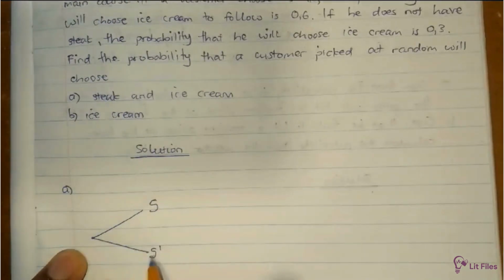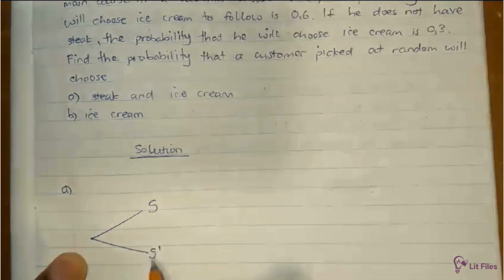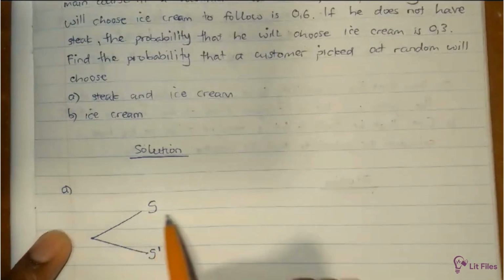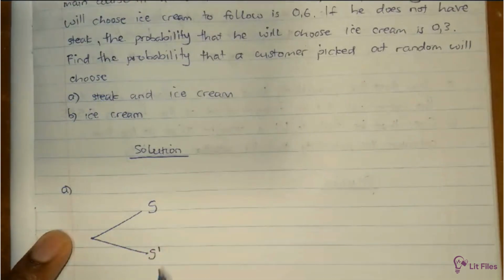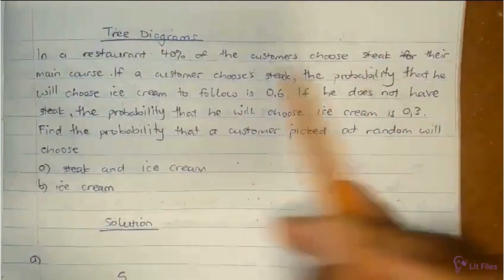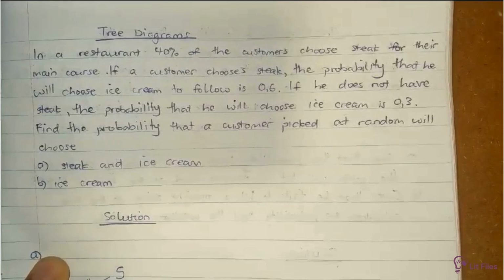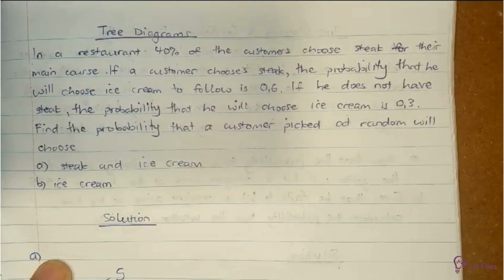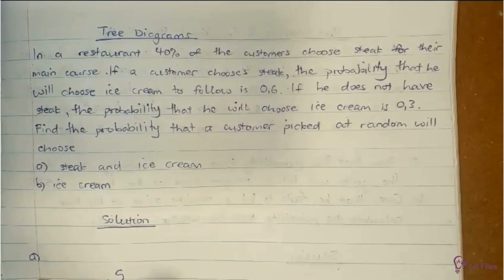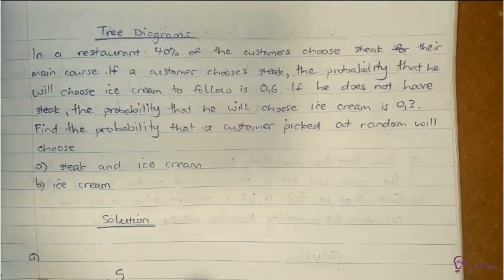These are the first two branches, or maybe the main trunk. These are the first two main events: choosing steak, not choosing the steak. This will be the complement. And the probability of choosing the steak, remember, was 0.4. So the probability of not choosing the steak would be 0.6.